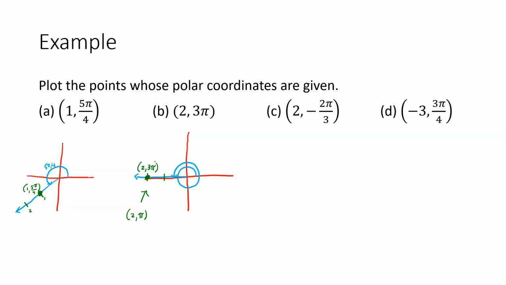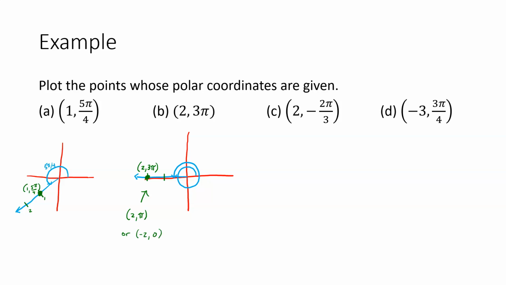Here we're representing it with an angle that's more than 2 pi, but if I were to represent it with an angle that's plus or minus 2 pi from that angle, we'll land at the same position. Similarly, I could also express this with a negative angle. For instance, the angle 0 would be the positive x-axis. So if I do negative 2, 0, it's going to land at the same point there.